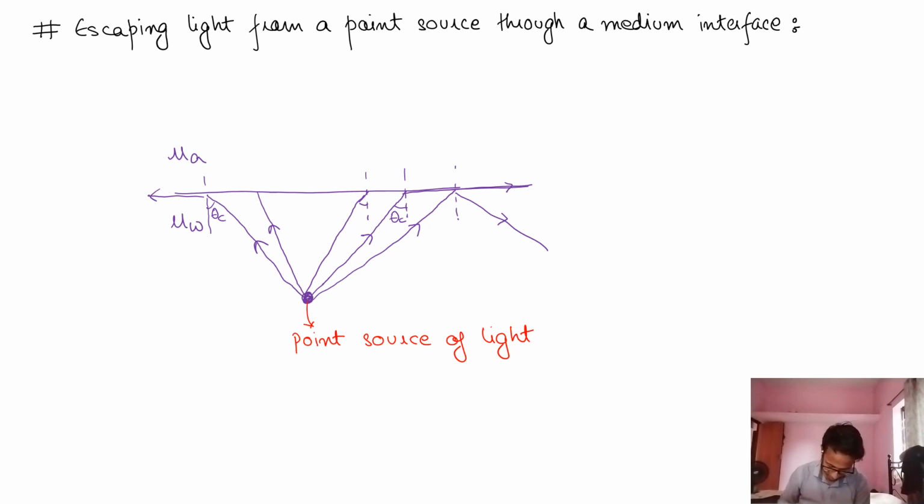So all the light that is escaping from the water surface should lie inside this circle.